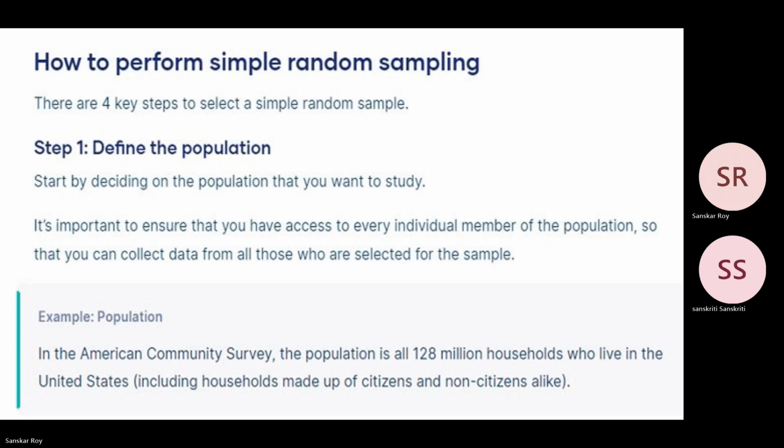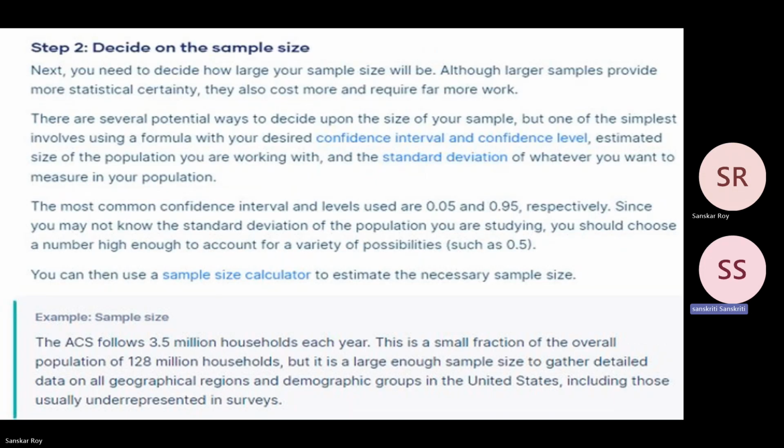Step 2: decide on the sample size. Next, you need to decide how large your sample size will be. Although large samples provide more statistical certainty, they also cost more and require far more work.